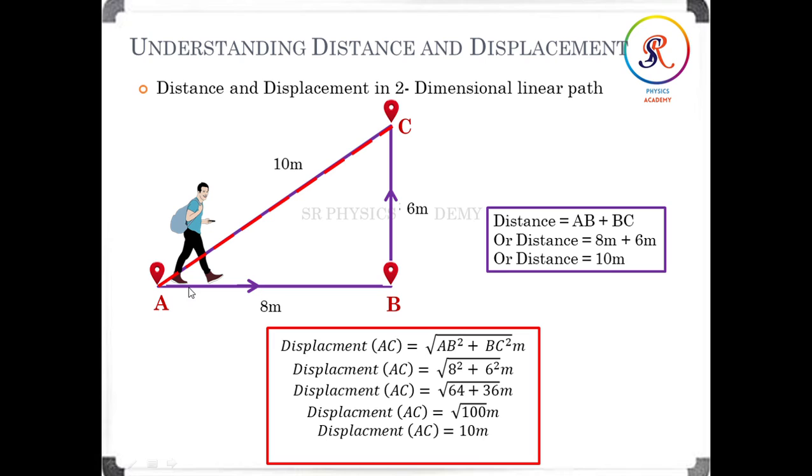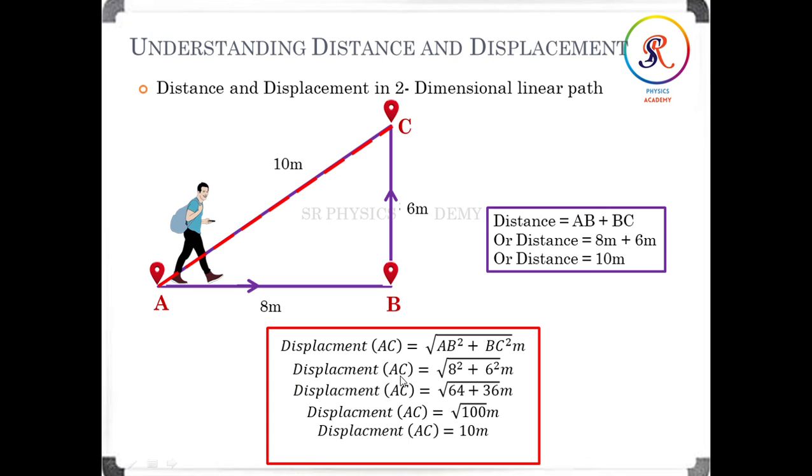Now this can be measured by applying the Pythagoras theorem. Here ABC is a triangle, so the hypotenuse of this triangle is the displacement. As we know AB distance and BC distance, displacement equals root of AB square plus BC square.